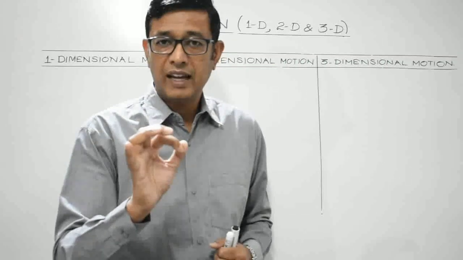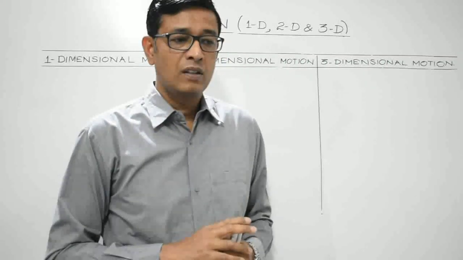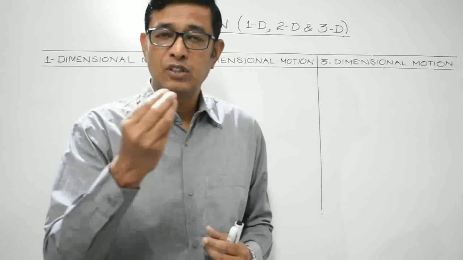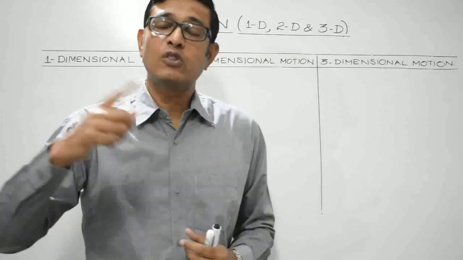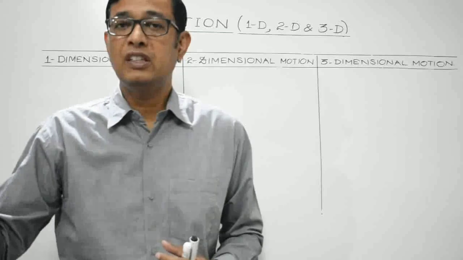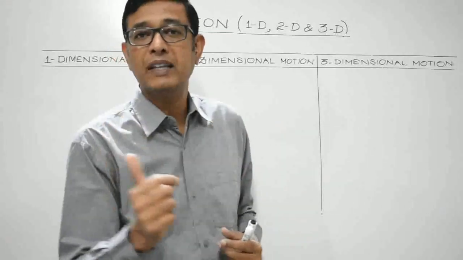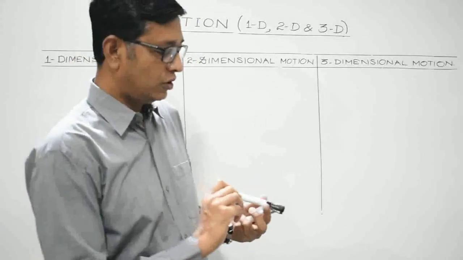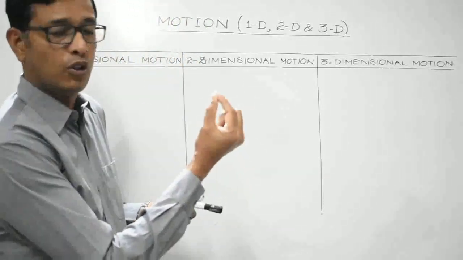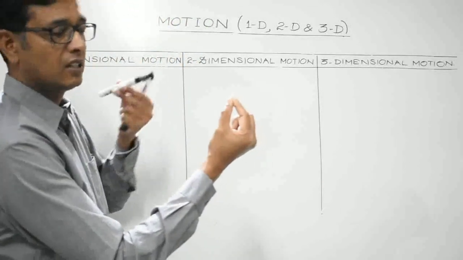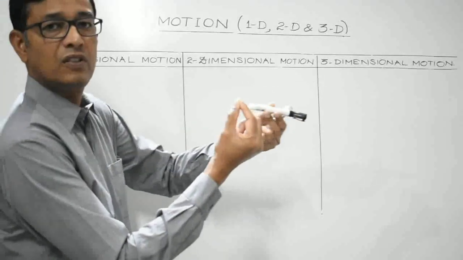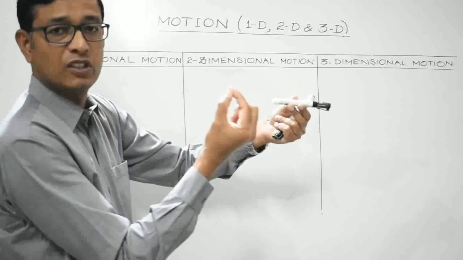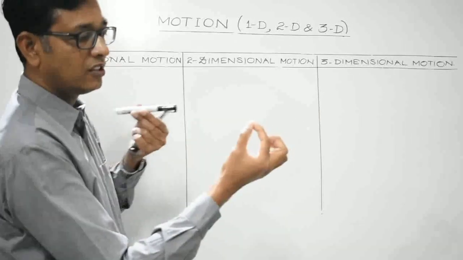Motion means the change in the position of an object with respect to its surroundings with the passage of time. What I mean to say is that, suppose this is an observation point, a stationary point, and this is an object, and it is moving like this, right? With respect to its surroundings, with respect to this reference point, its position is changing.